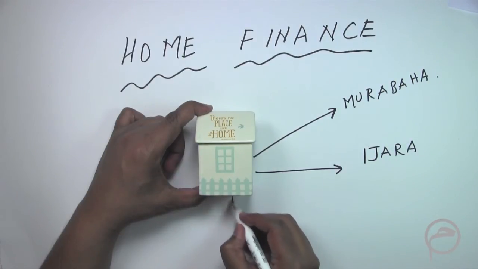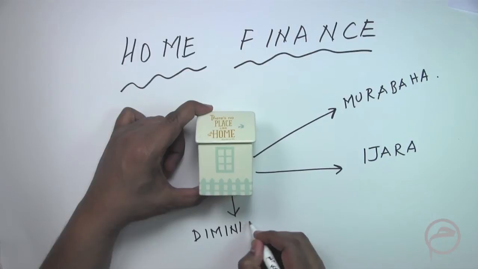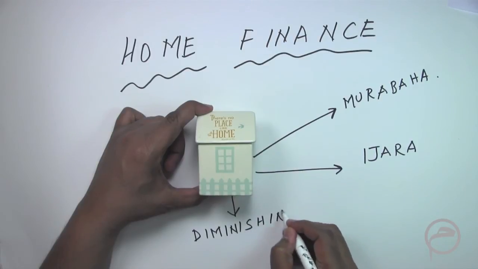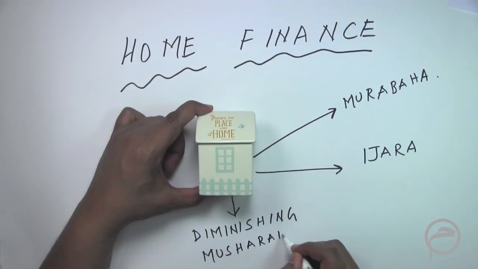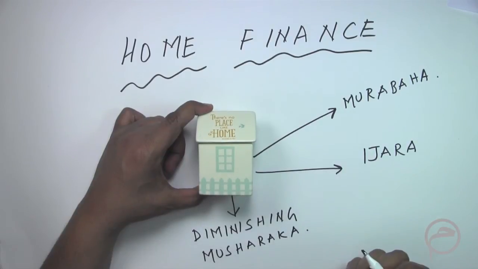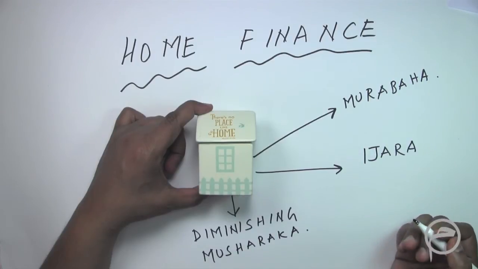Then another common structure which is used is the diminishing musharaka structure. So these are some of the important structures which are being used by Islamic banks to provide home financing to its customers.